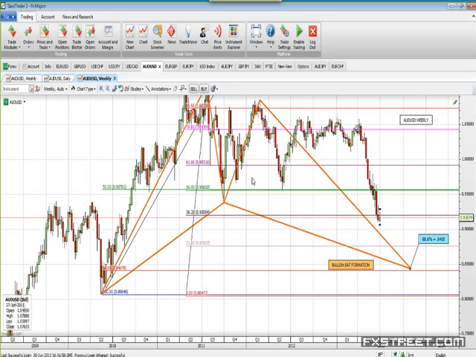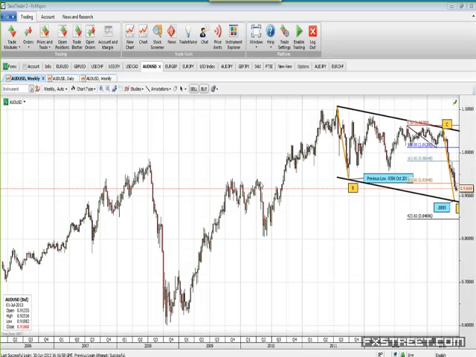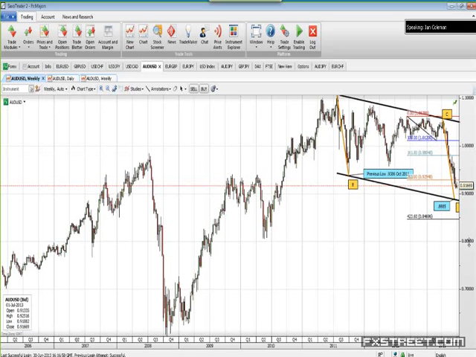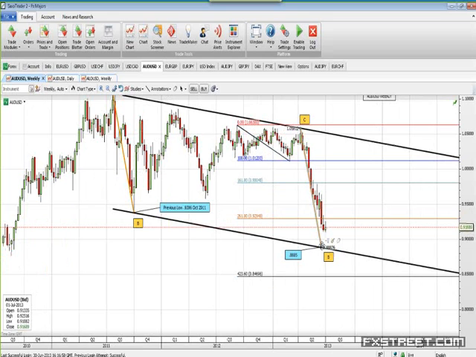A better scenario, I think, in Aussie dollar, at least in the short term, is the 261.8% fib level for the channel base, which comes in at 88.88, to be the next formidable target.